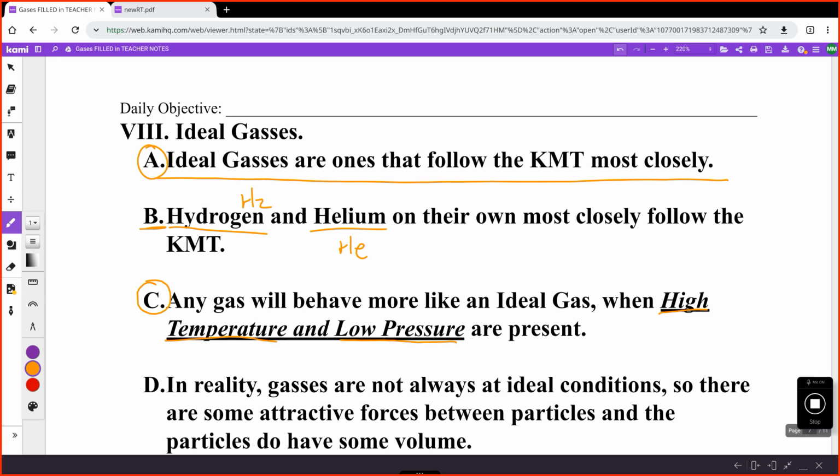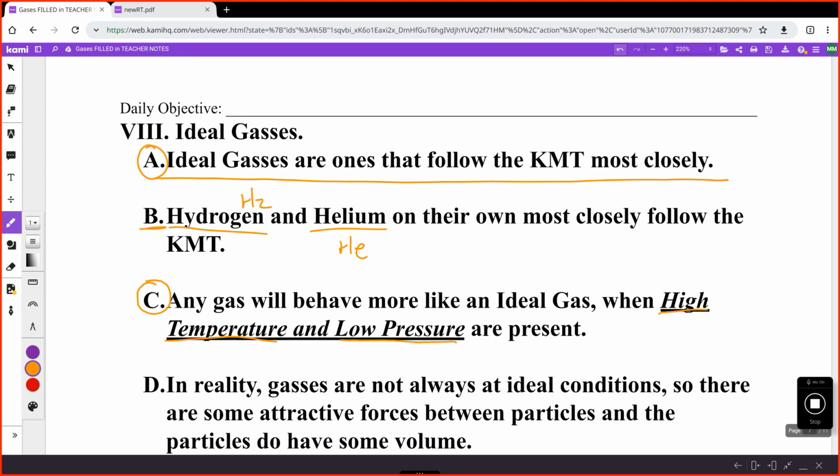And if the molecules are moving really fast, they're going to have less intermolecular forces on one another. They're just not going to have an opportunity to interact the faster that they move. The low pressure would essentially increase the volume and give the molecules more space to reside.